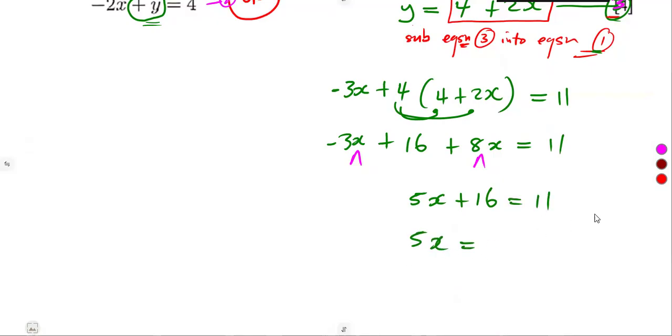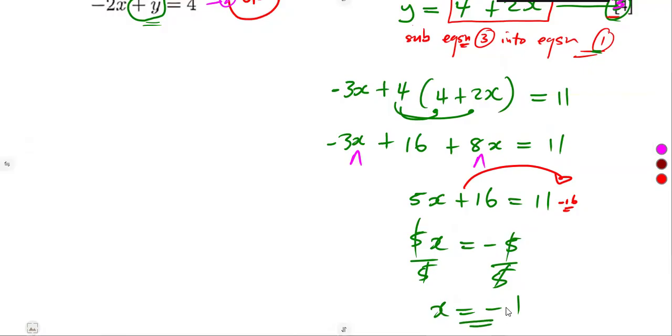So 5x is equal to what? Taking the 16 to the other side, it was going to be a negative. The moment it crosses the equal sign, it will be negative. So that's 11 minus 16, which is negative 5. So divide by 5. That was going to give us what? Negative 1. So we have got the x value.